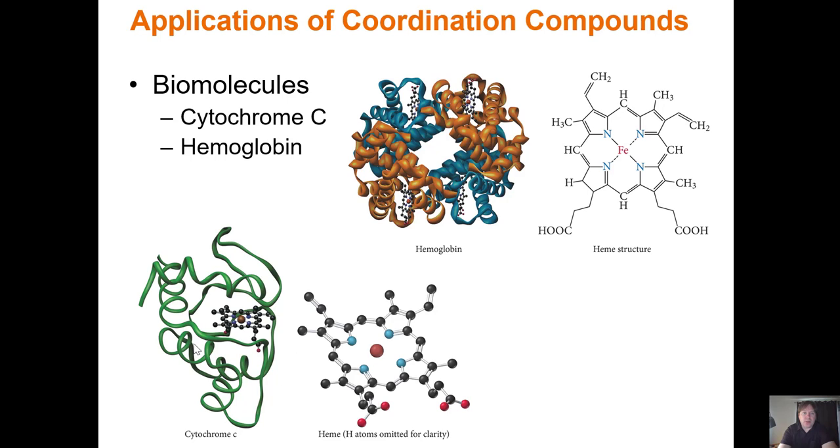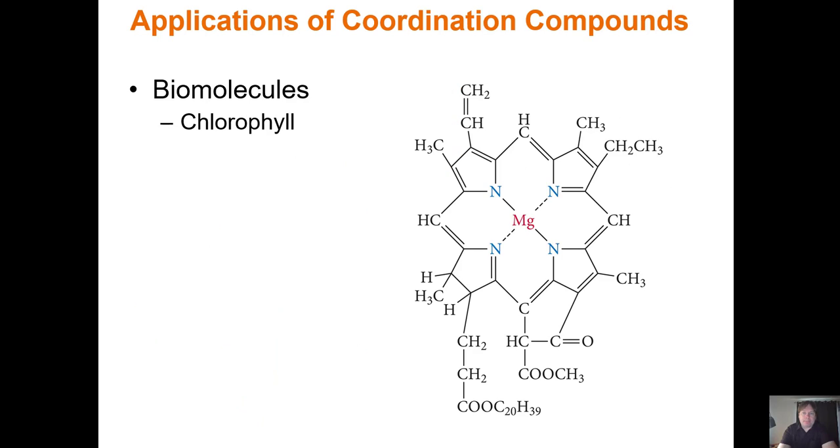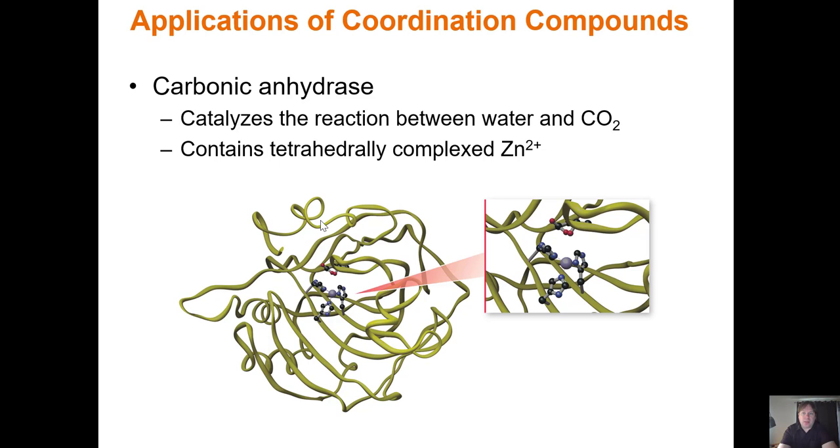Cytochrome C is another important biomolecule. Again, we see a similar porphyrin ring structure there. Chlorophyll also, we see a similar thing there, with magnesium being the central atom in that case. And then another important application is carbonic anhydrase, where here we have zinc.